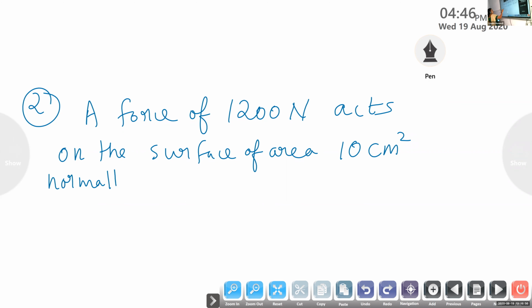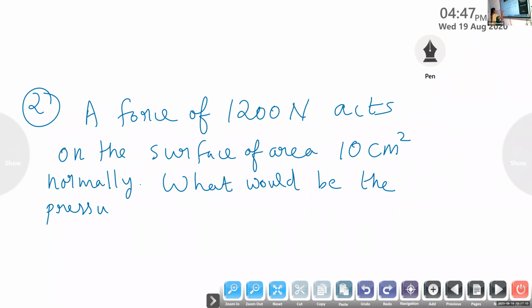That means it is acting perpendicularly. What would be the pressure on the surface?